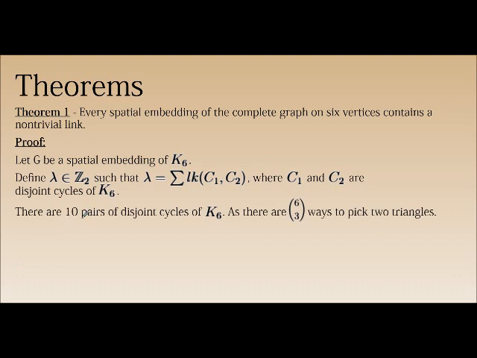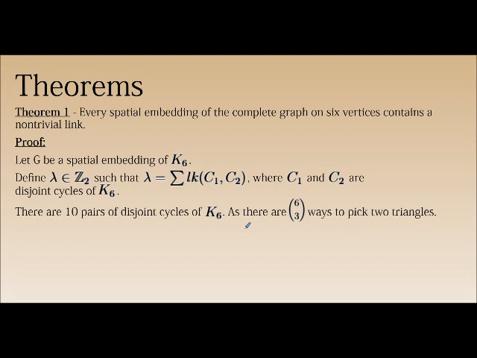Now in that, there are 10 pairs of disjoint cycles of K6. As there are 6 choose 3 ways to pick 2 triangles out of 6 vertices, that would actually give you, what did I say? That would give you 20 ways to pick 2 triangles.